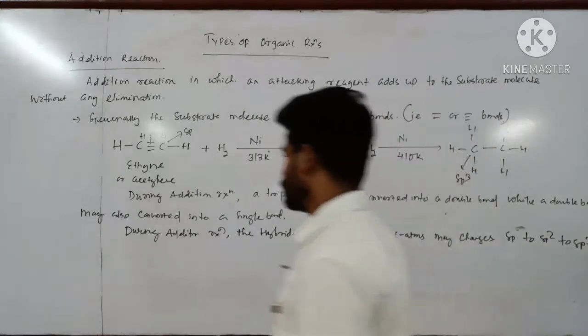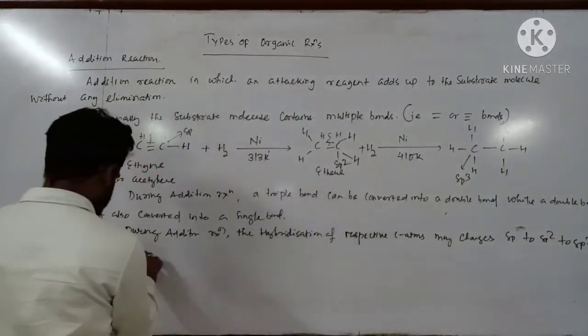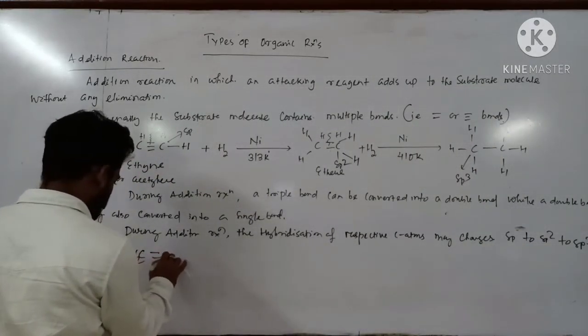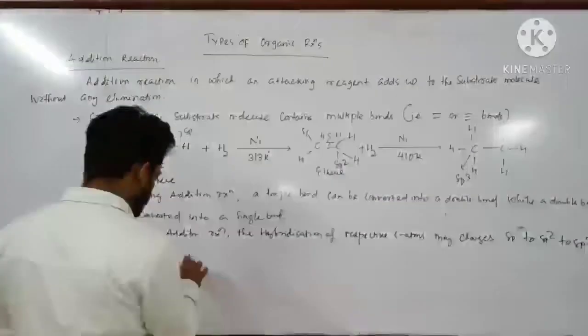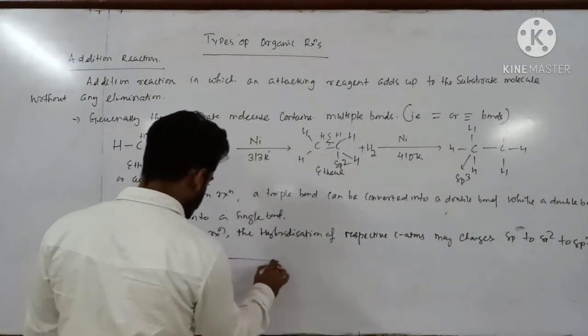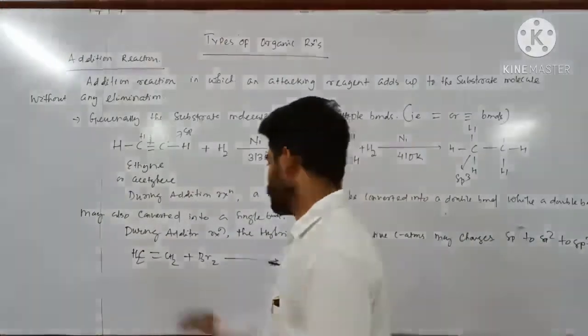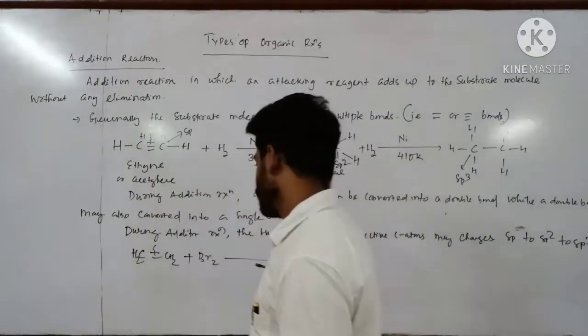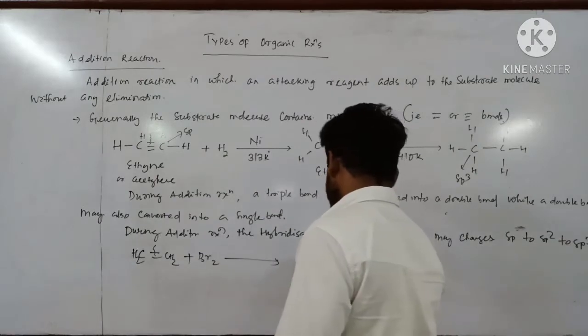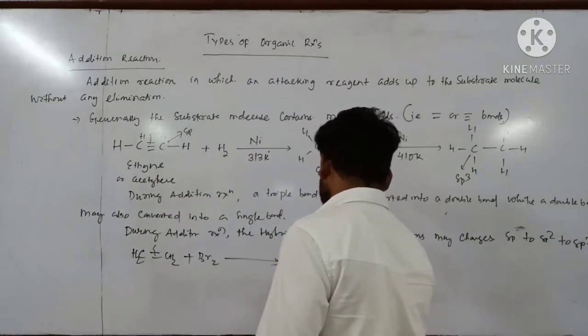Next, if I consider CH2 double bond CH2, an alkene, reacting with Br2, bromine. Clear? Then what happens? This pi bond breaks, then the compound contains 2 bromine atoms like this.